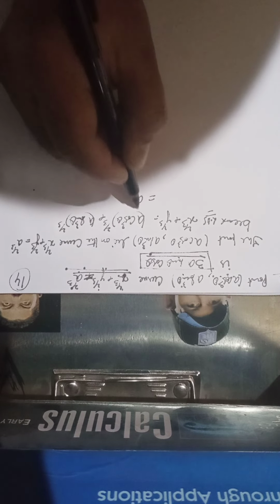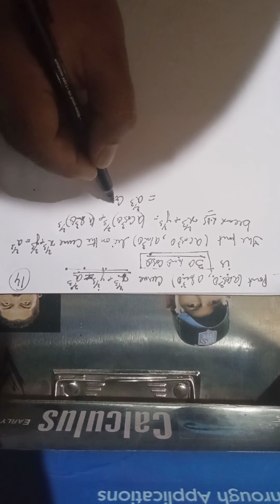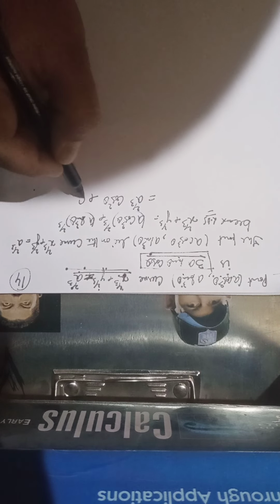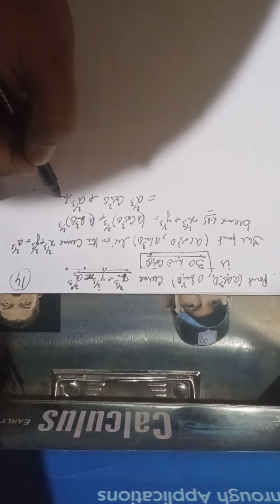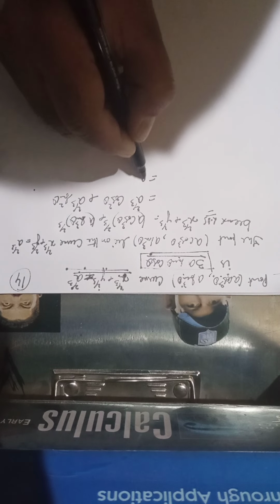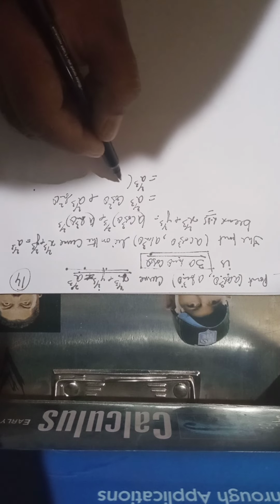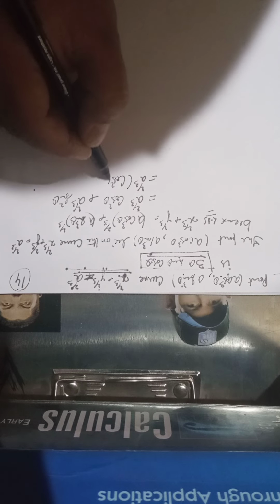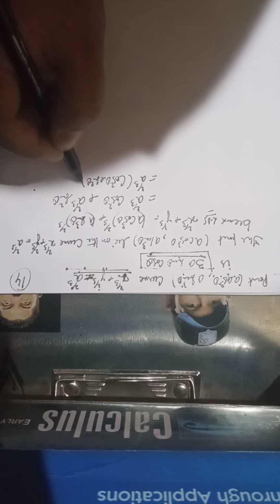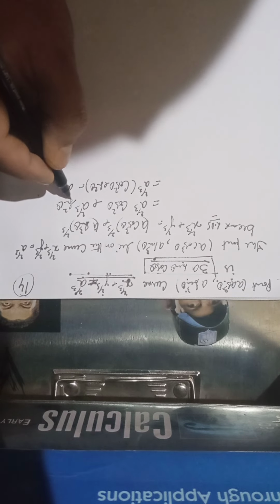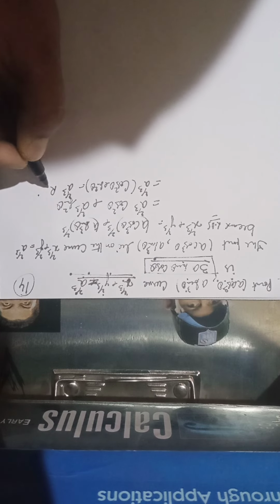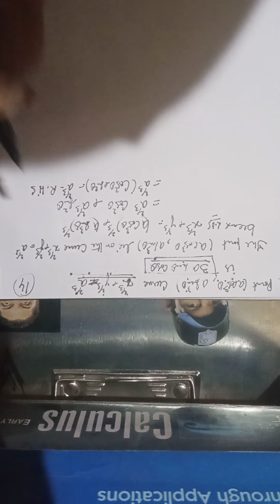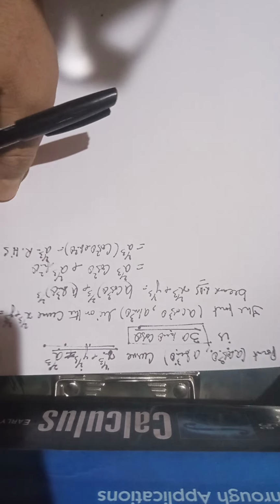This is a^(2/3) cos² θ + a^(2/3) sin² θ, or a^(2/3)(cos² θ + sin² θ), which is nothing but a^(2/3), the right hand side. So the point lies on the curve. So we can find the radius of curvature at this point.